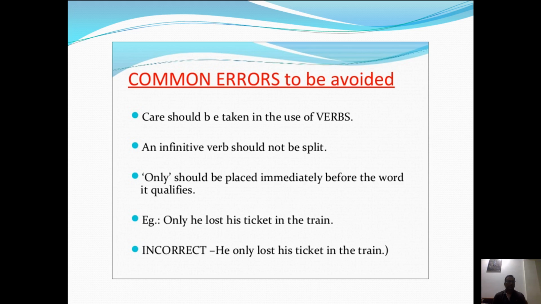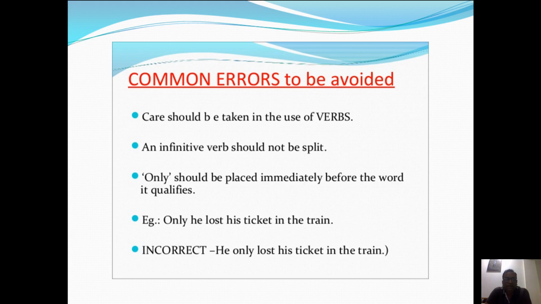Now we'll see how we can avoid some common errors. Please give more focus on this, because these are category-wise points I have written on this slide, so that you can understand this and never forget. Care should be taken in the use of verbs. I repeat, care should be taken in the use of verbs. Whenever you have to use verbs, be a little careful whether a singular or plural form is needed, and use the verb accordingly.